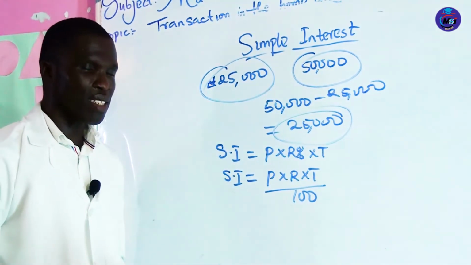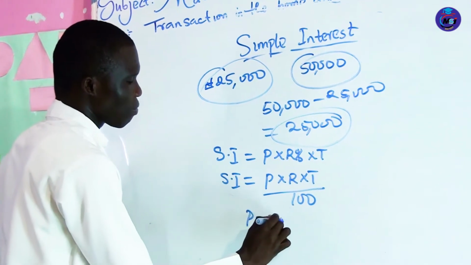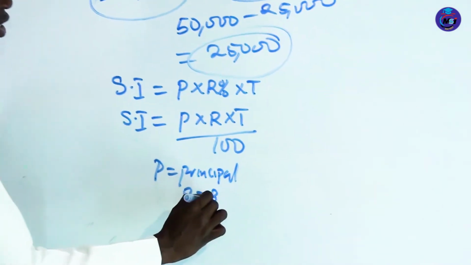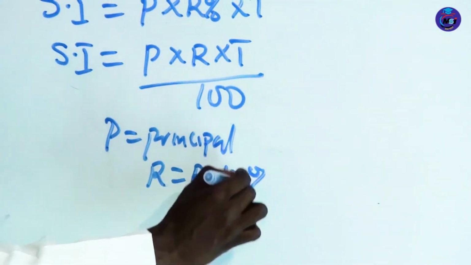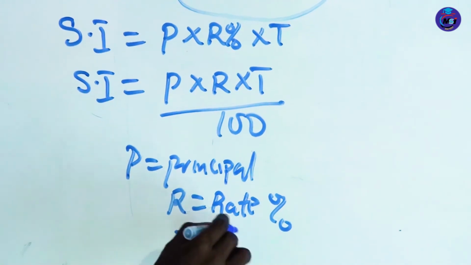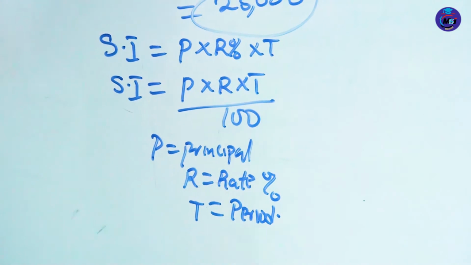I hope you are getting me. This P is called principal, R is called rate, and is always in percent. T is called period, or time to return the money.